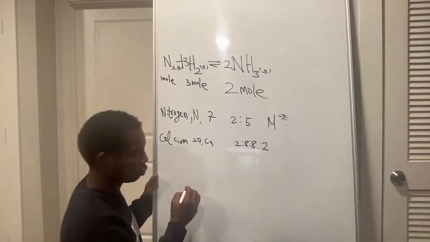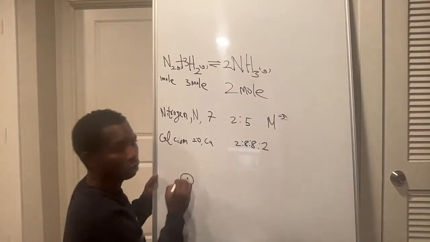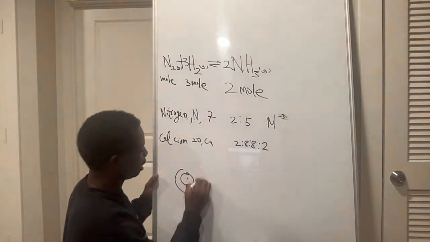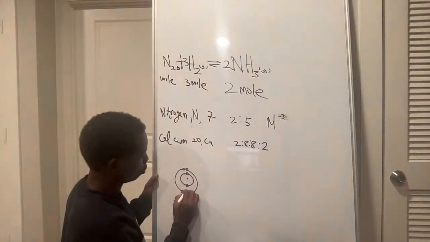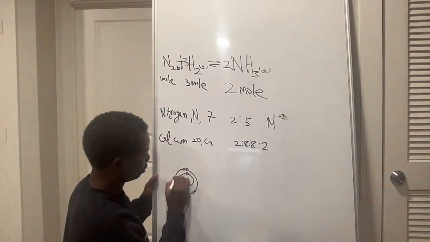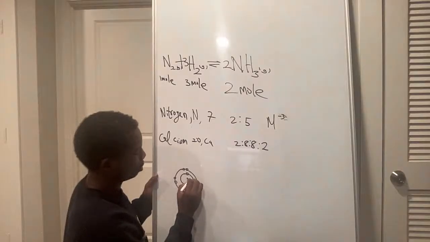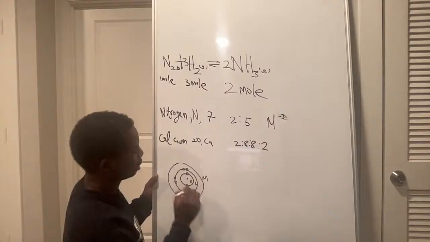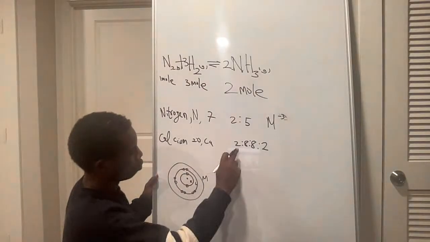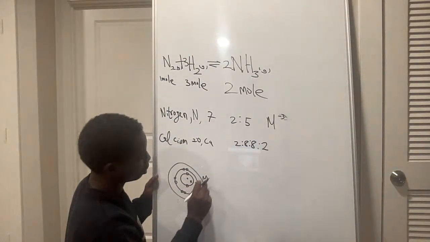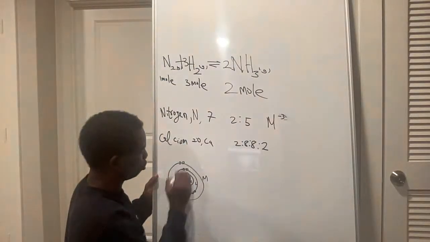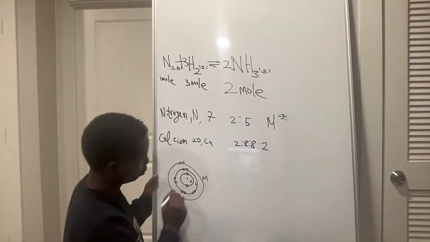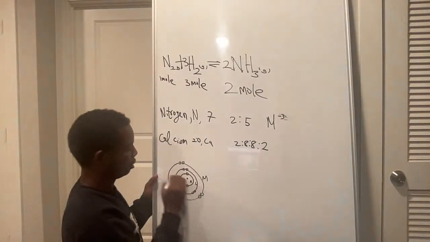The first shell takes 2, the second shell takes a maximum of 8: 1, 2, 3, 4, 5, 6, 7, 8. Then the third shell, M, takes a maximum of 8 too. There are 8 electrons in the third shell.